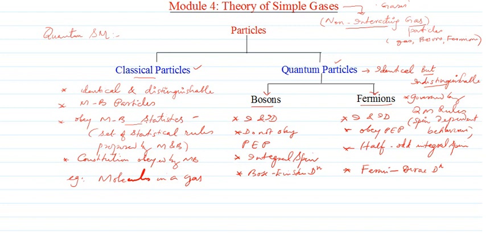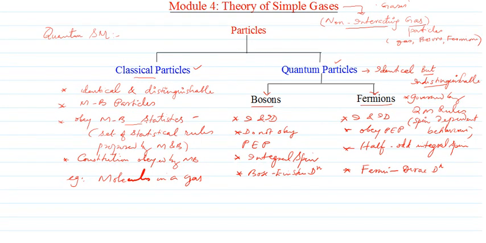So bosons are those particles which obey the Bose-Einstein distribution, which is a set of statistical rules framed for integral spin particles. And fermions obey the Fermi-Dirac distribution, which is the set of rules framed for particles having half odd integral spin.